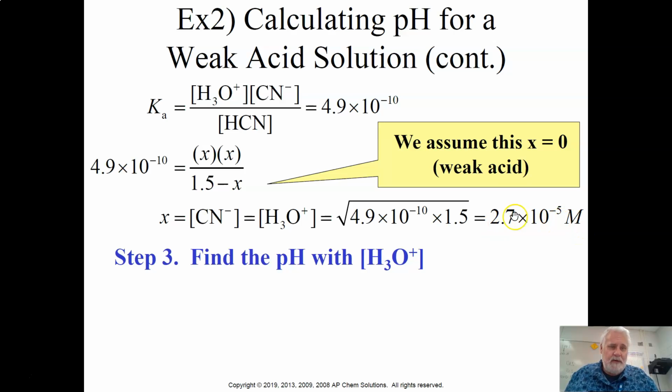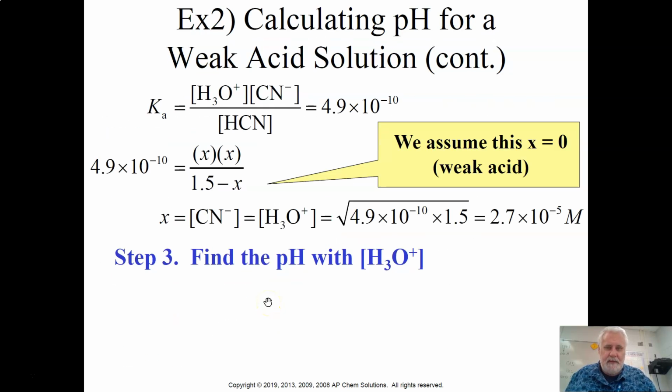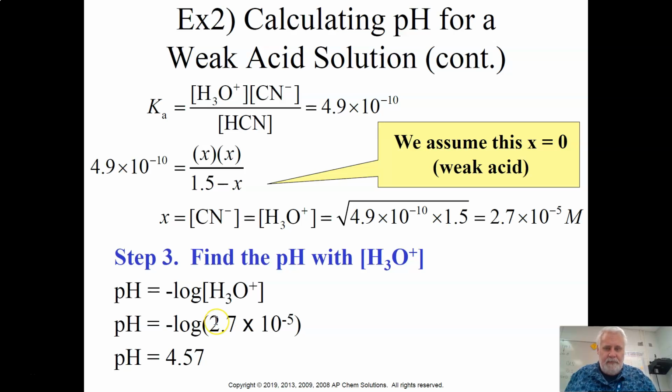All right? So very low concentration of your product, but that will allow you to find the pH, because you can just plug that in. You can plug that right into that equation right there.